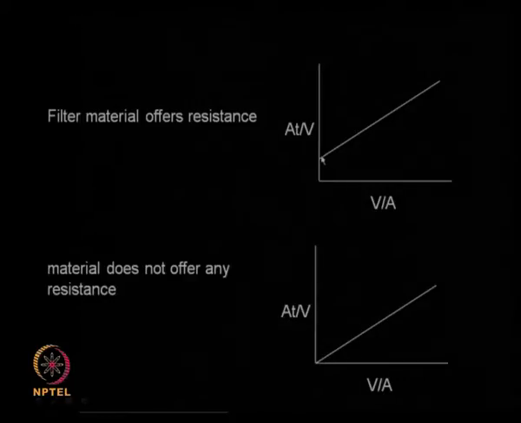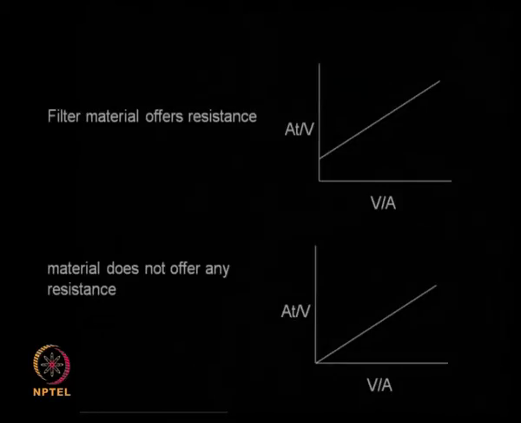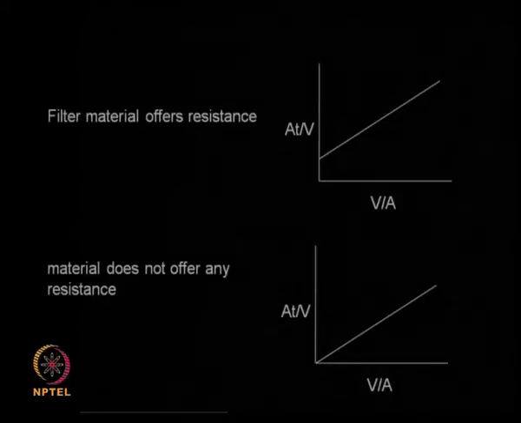I also mentioned that if the intercept is appreciable, then you know that the filter cloth offers quite large resistance, so you need to modify the filter cloth so that the resistance comes down to practically 0. If the cloth is going to offer some resistance, you need to apply more pressure during the filtration process.